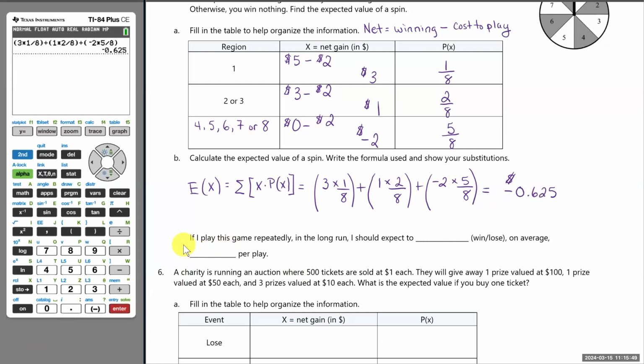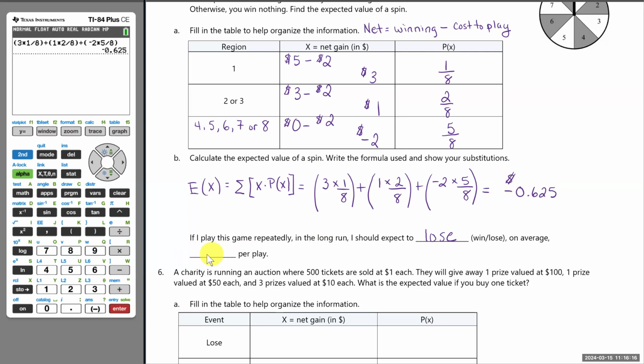So if you played this game repeatedly, in the long run, you should expect, since your net is negative, to lose. On average, every time you play, you're going to expect to lose $0.625 per play.